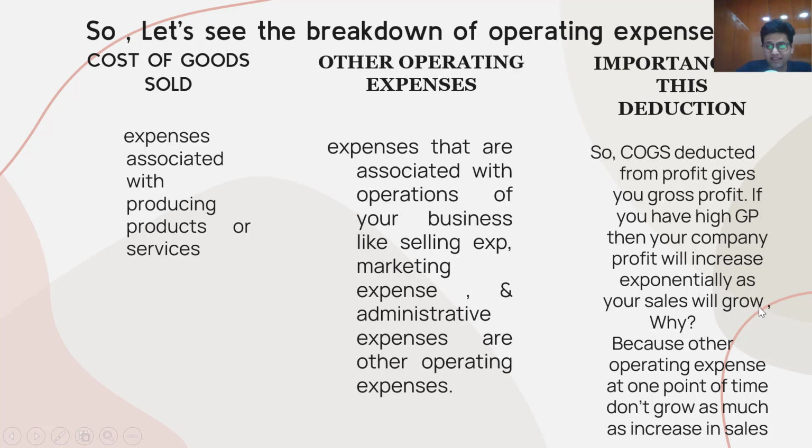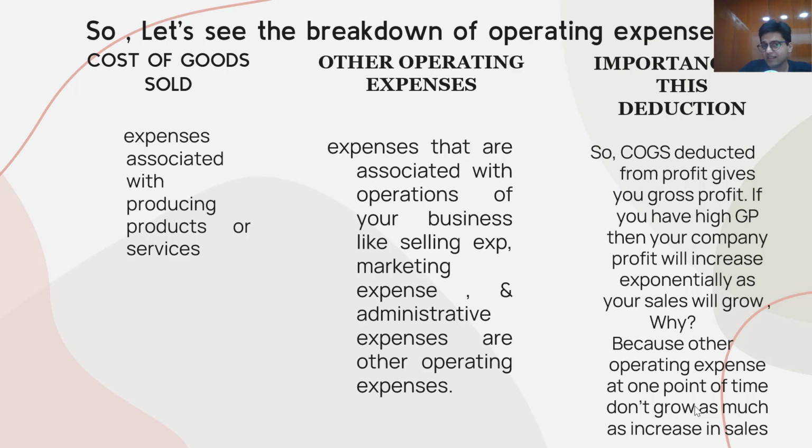Remember, in our Excel example, we doubled the sales and our company profit doesn't increase double, it increases more than double. Why? Because our other operating expenses, at one point of time, don't grow as much as the increase in sales, because operating expenses by nature are usually fixed and the cost of goods sold is variable in nature.